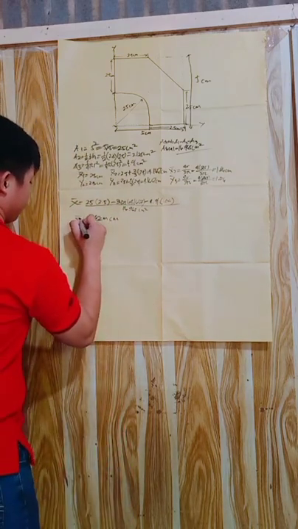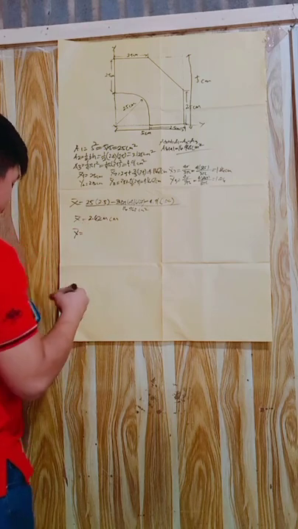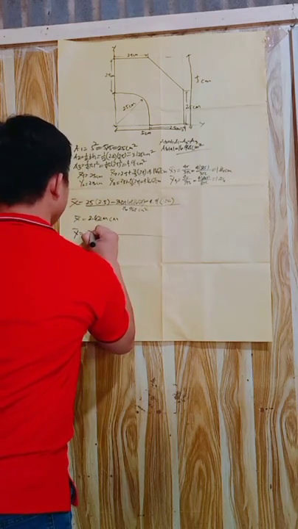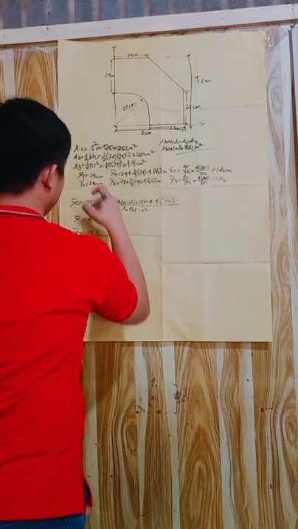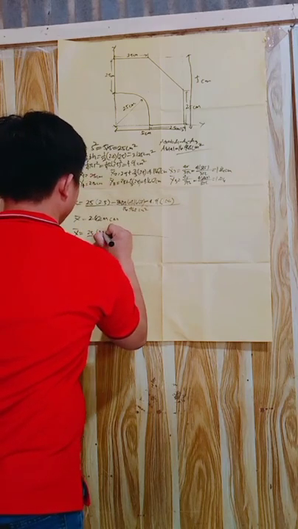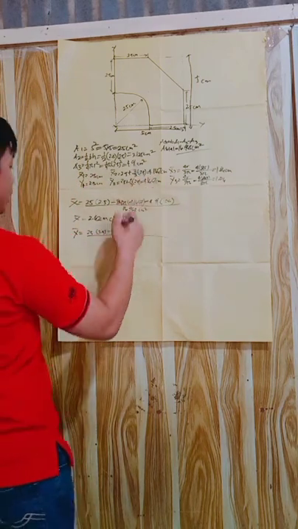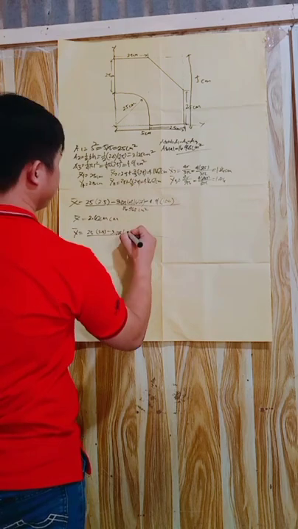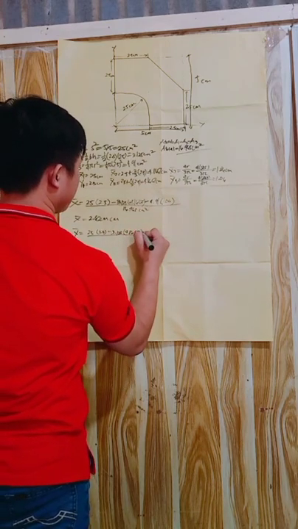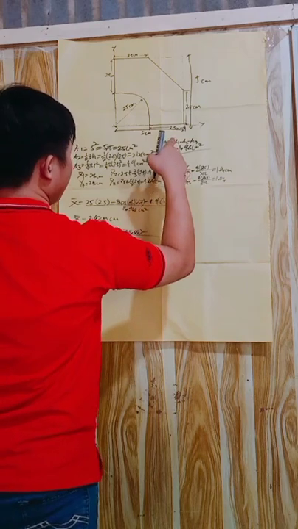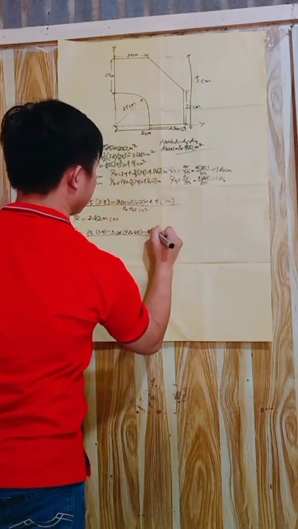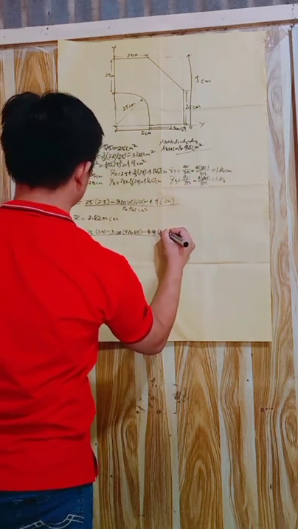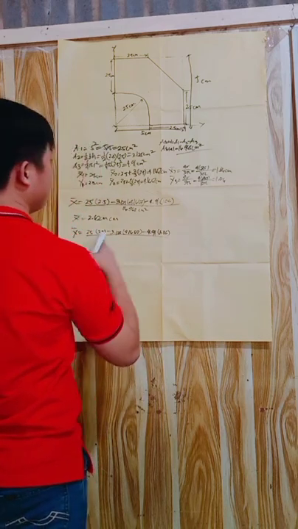Then y bar: similar with that, the area 1 multiplied by y bar sub 1, 2.5, minus the area of the triangle 3.125 multiplied by y bar sub 2, minus the area of the quarter of a circle times y bar sub 3, divided by the total area.